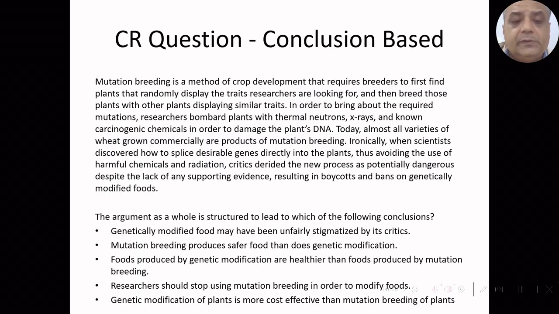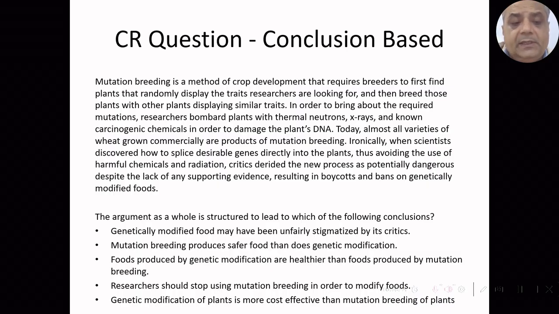So this option is also eliminated. The next option says researchers should stop using mutation breeding in order to modify foods. He has mentioned that harmful processes are used in the process of mutation breeding, but nowhere does he say that mutation breeding should be stopped. So again, this option is eliminated.